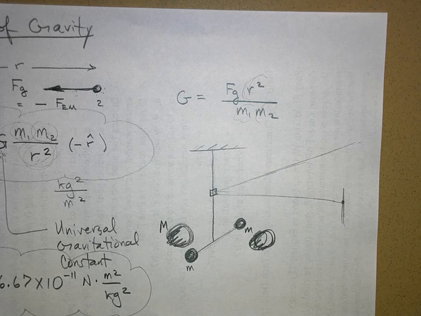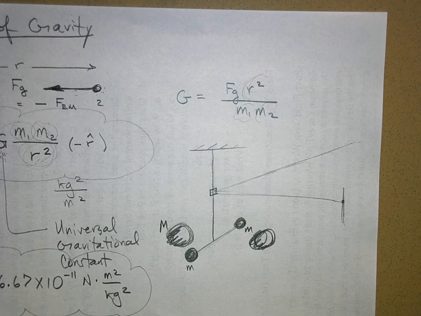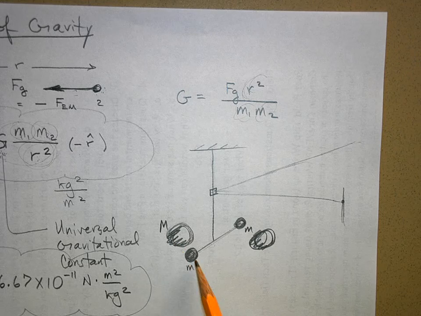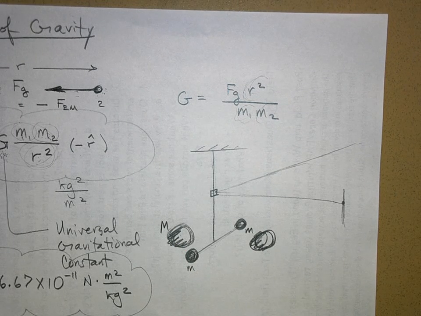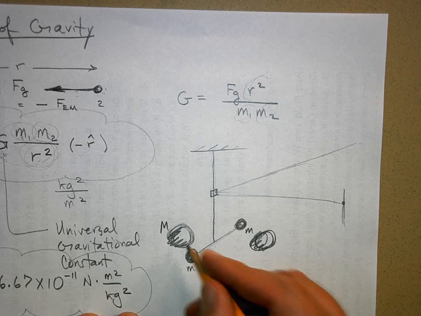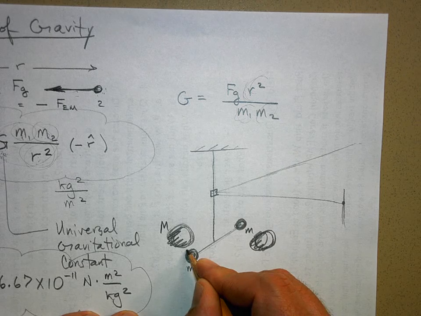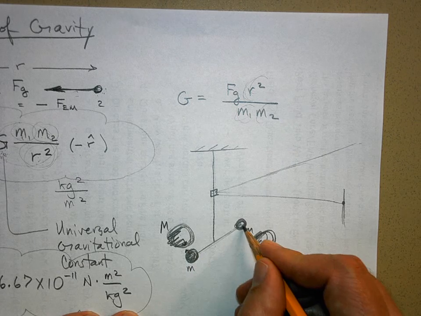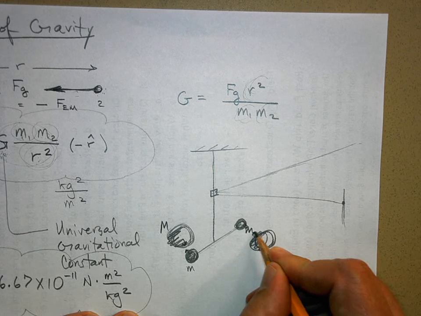There was a little tiny gravitational force between these masses. It's very difficult to measure that directly. In fact, he didn't. But it was enough to attract them together with a very tiny force.